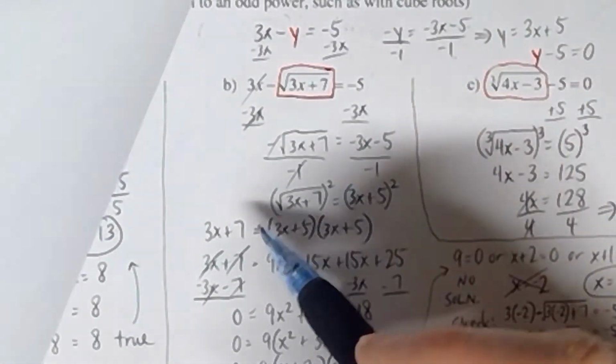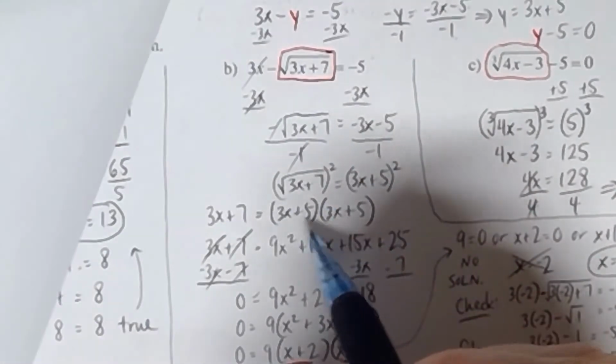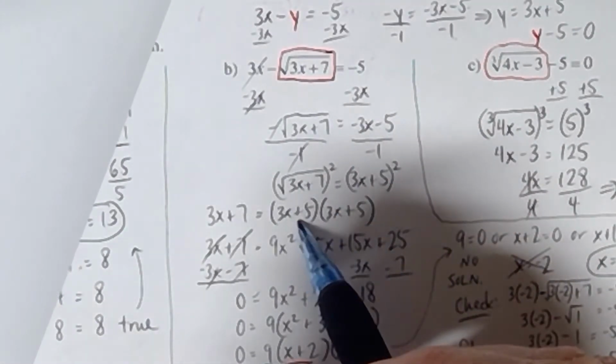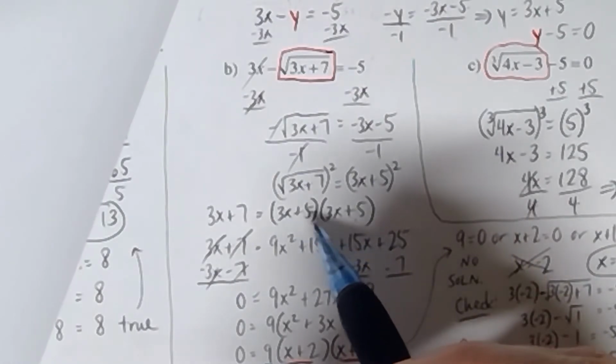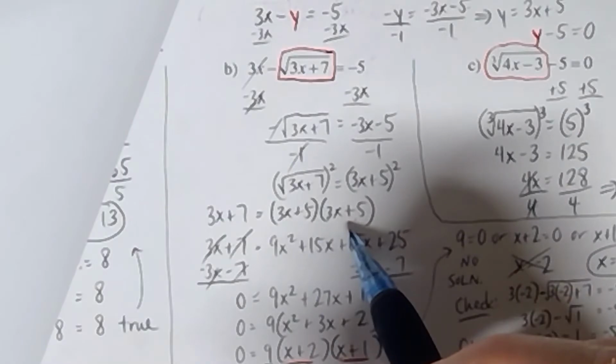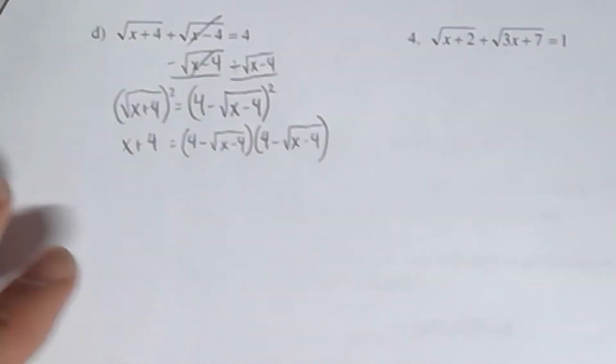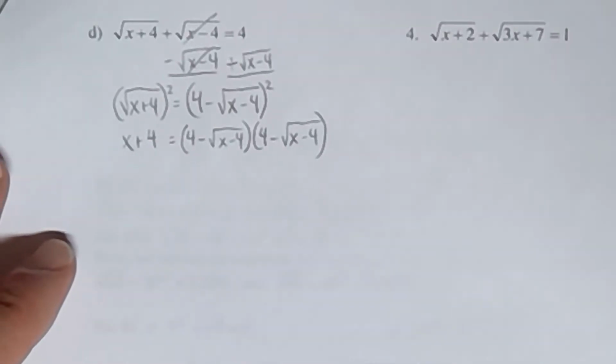But the problem is that instead of having just a normal polynomial inside each bracket, you now have some radicals in there instead. But it's not anything we haven't seen before. It just looks a little bit more complicated than normal.